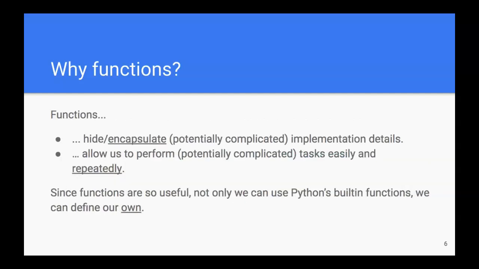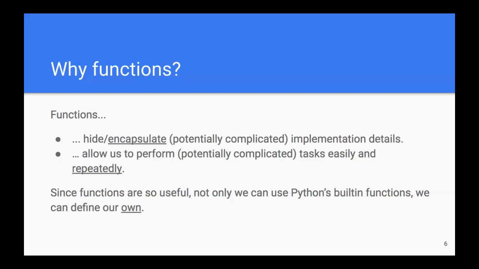So functions hide, or here's an SAT word for you if you don't already know this, they encapsulate potentially very complicated implementation details. It also allows us to perform potentially very complicated tasks very easily and repeatedly, like what we do with print and what we do with range.